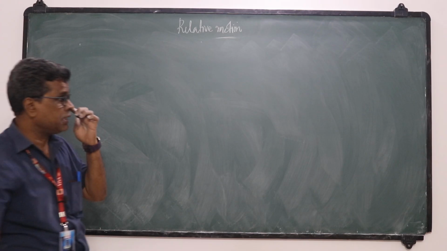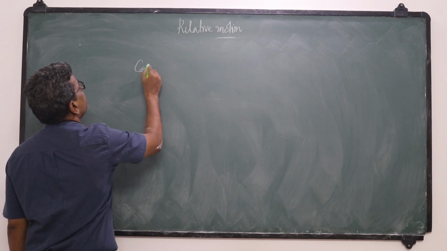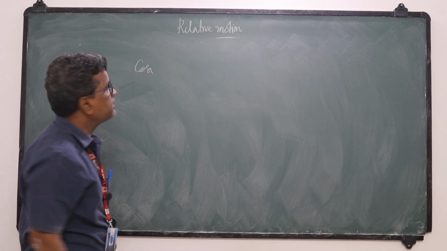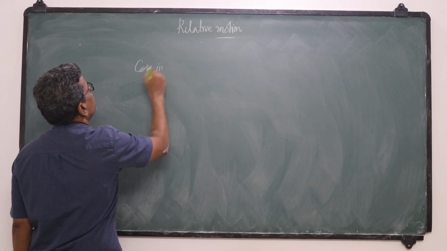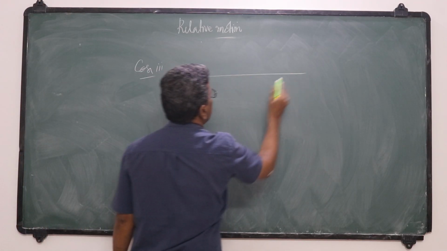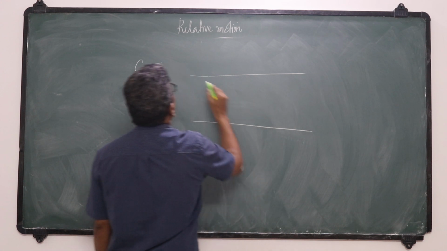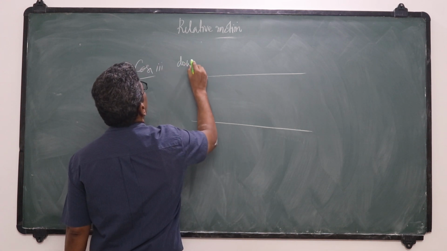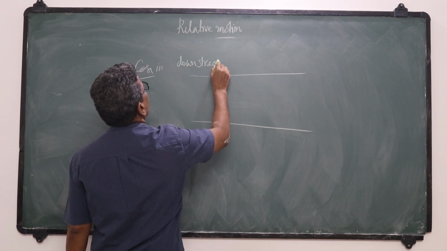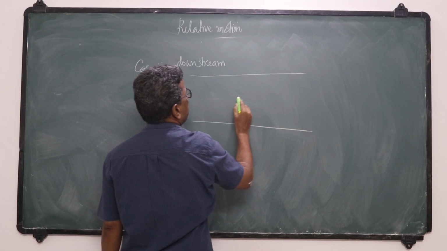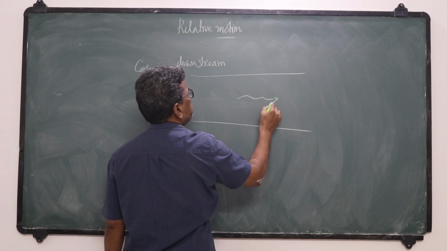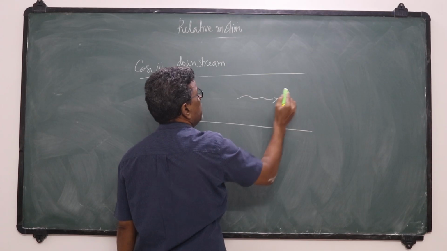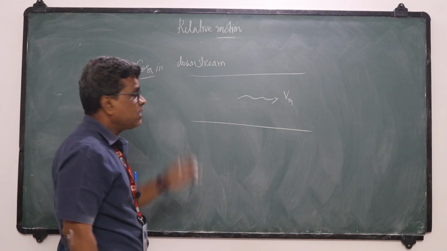So next case. I think I explained two cases, now case 3. Suppose a river is flowing downstream. The boat is moving along the downstream. That means the river is flowing in this direction, left to right.